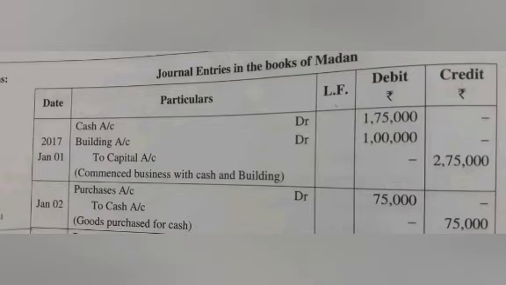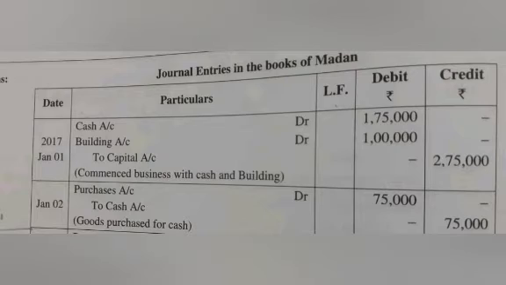So journal entry, it is an account for assets. So debit what comes in, so cash comes in and building comes in. What goes out? Capital. So the entry is cash account debit, building account debit to capital account.